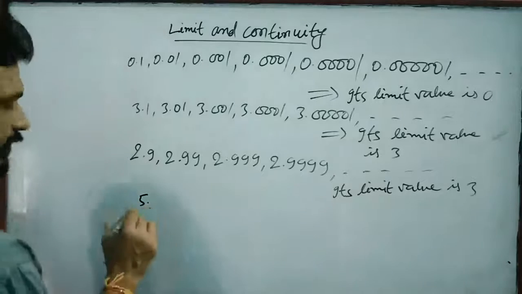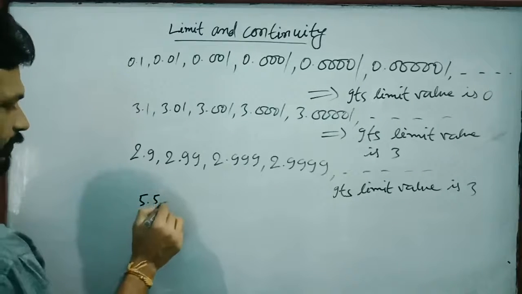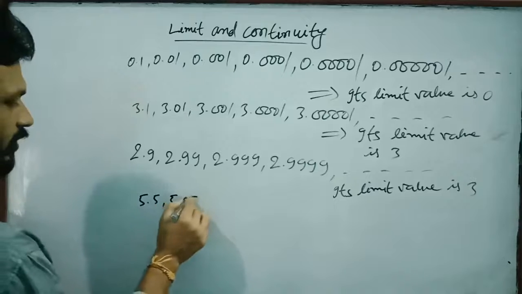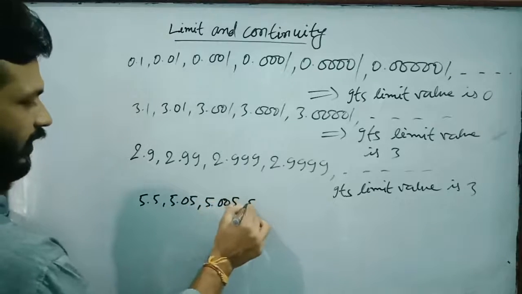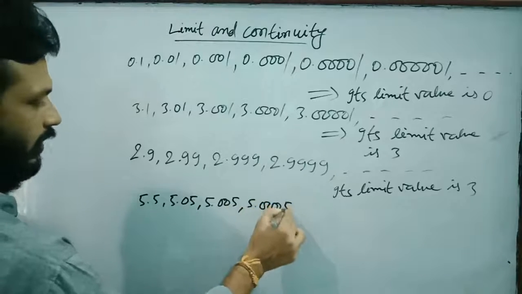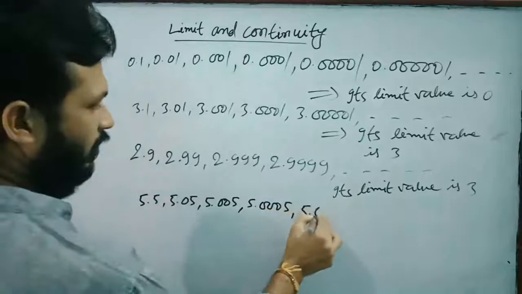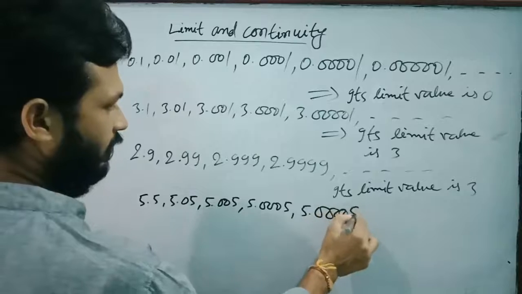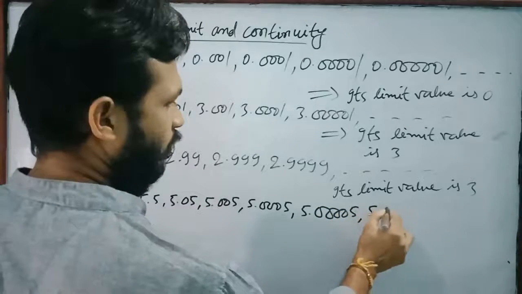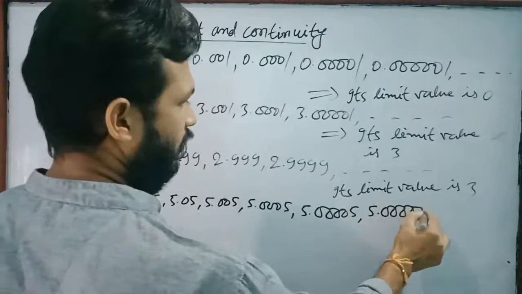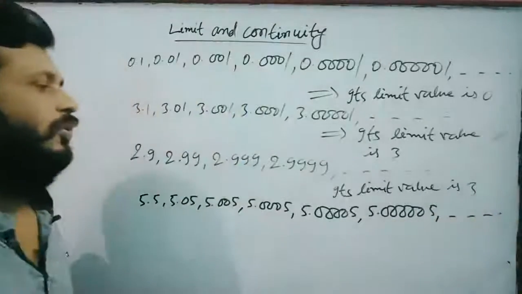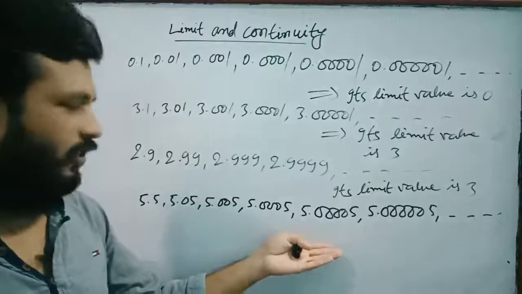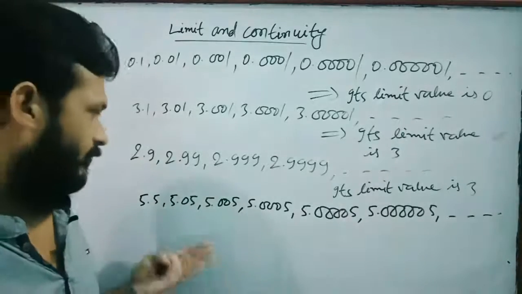Then 5.5, 5.05, 5.005, then 5.0005, again 5.00005. Okay, now what is the limit value of the given sequence? 5.